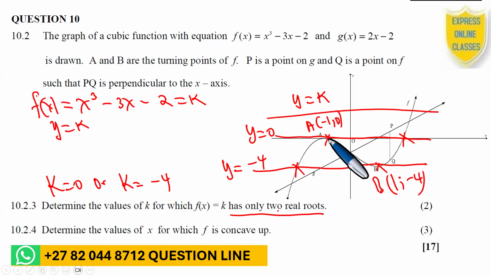There is a root here, which is the real value of x, the x value at which the two graphs intersect, x equal to -1, and they also intersect at another x value there. We're not interested in the values of x, but in the values of k. The values of k are values of y because k is equal to f and f is y. So y is 0 there, and also y is -4 over there.